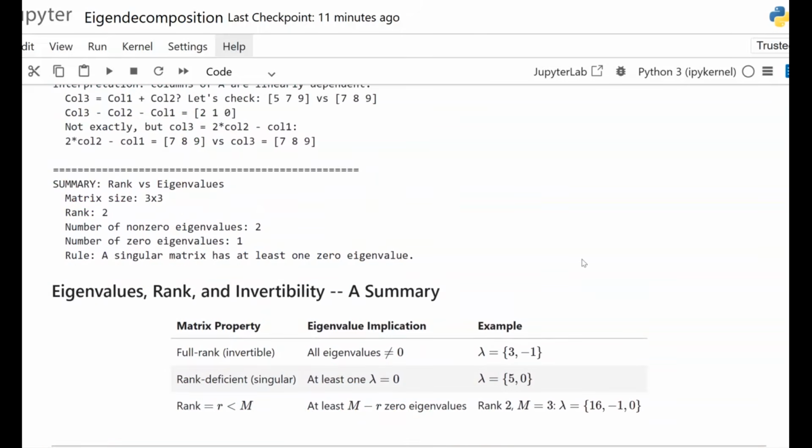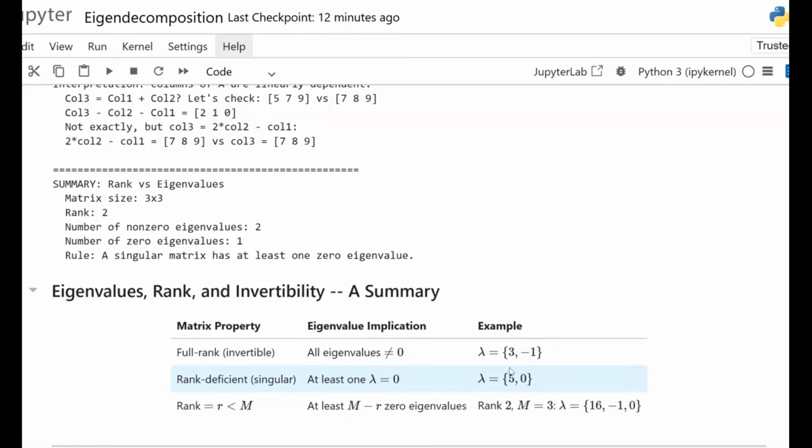Towards this, let me summarize the relationship between matrix rank and eigenvalues. If a matrix is full rank or invertible, then all of its eigenvalues are non-zero. For example, if the eigenvalues are 3 and -1, neither is 0, so the matrix is full rank. On the other hand, if the matrix is rank deficient or singular, then it has at least one eigenvalue equal to 0.